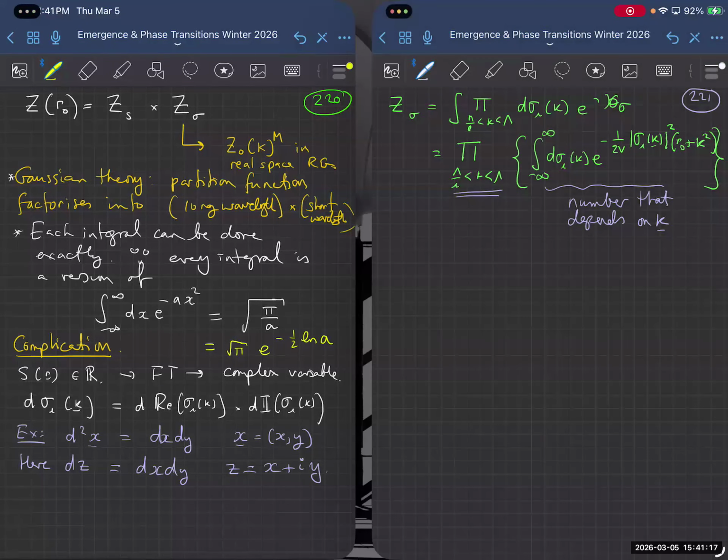So therefore Z sigma is going to be e to the 1/2 the sum over lambda over L less than K less than lambda of the logarithm of 2 pi over V times (R naught plus K squared).